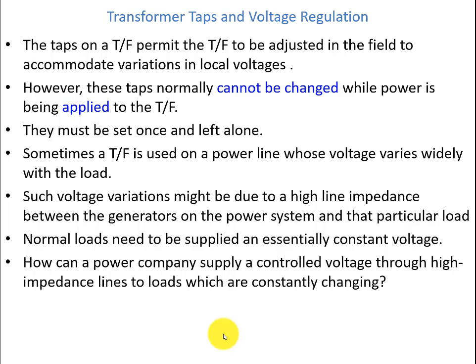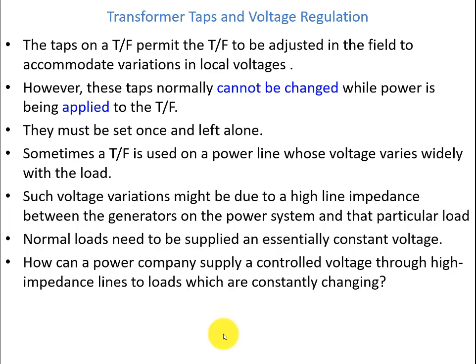Sometimes a transformer is used on a power line whose voltage varies widely with the load. Such voltage variations might be due to high line impedance between the generators on the power system and that particular load. Normal loads need to be supplied with an essentially constant voltage.